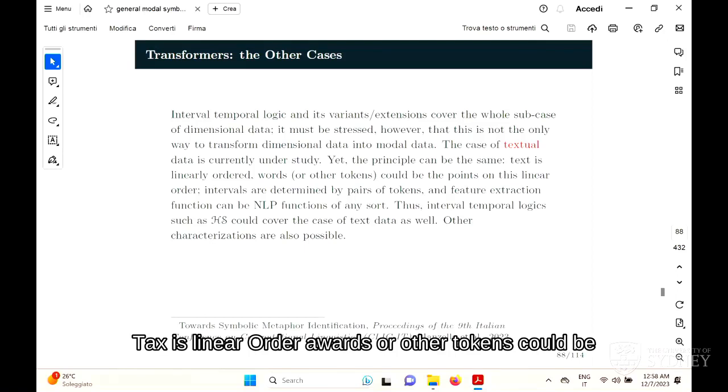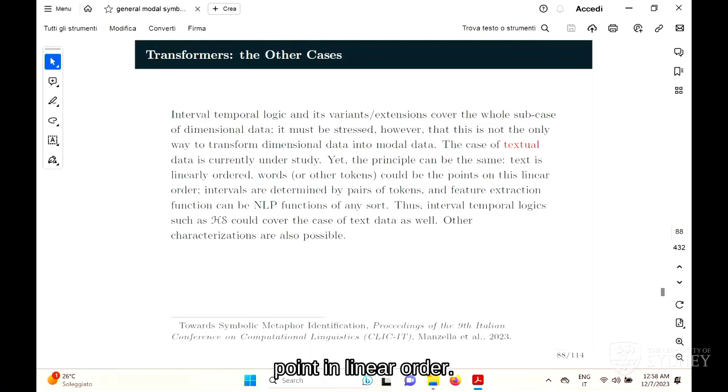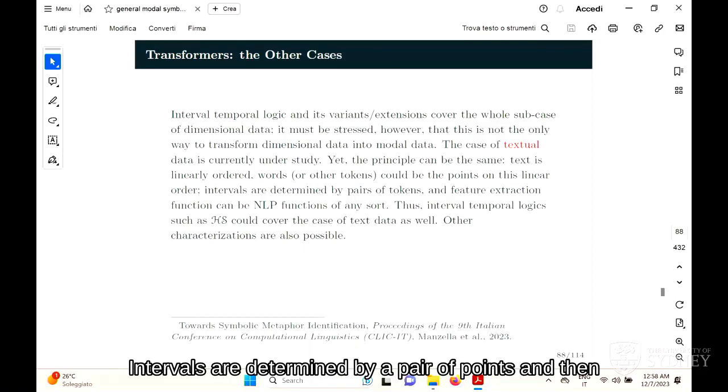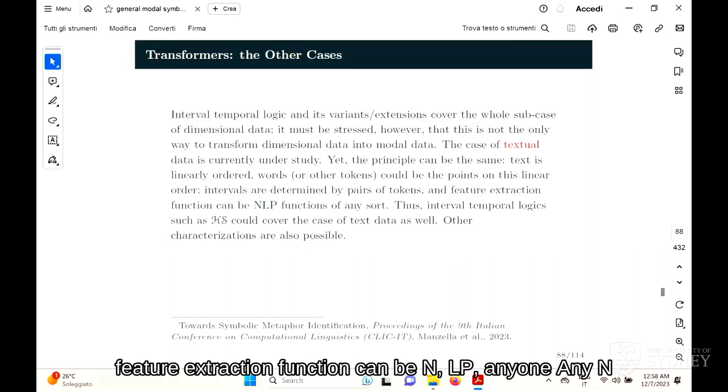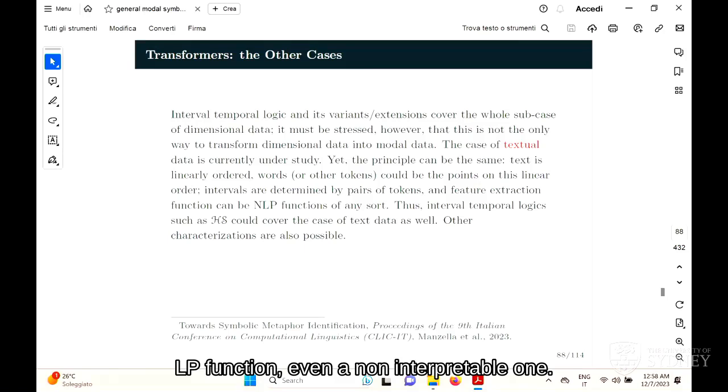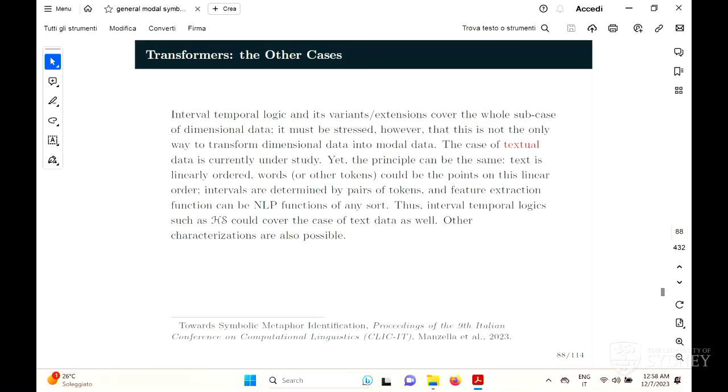The principle then is the same. Text is linearly ordered, words or other tokens can be pointed in linear order, intervals are determined by pairs of points, and then the feature extraction function can be any NLP function, even a non-interpretable one. It doesn't matter.